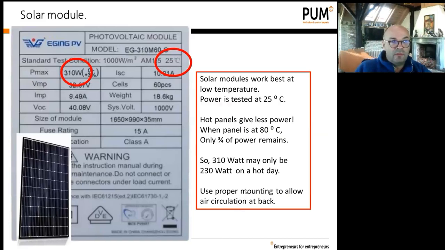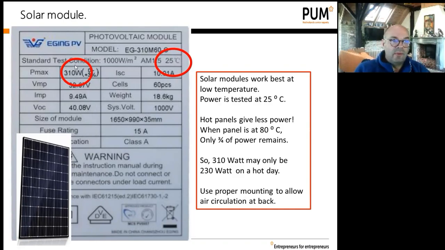Well, you probably know that if you have a solar module, there's this plaque, and it says what the performance of the system is. And there are a few important things.